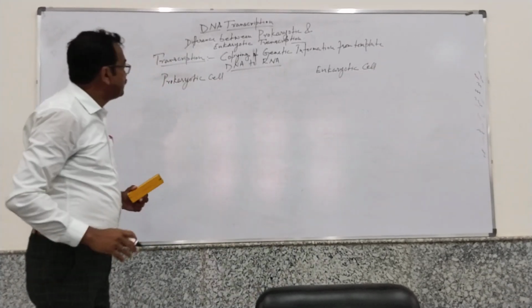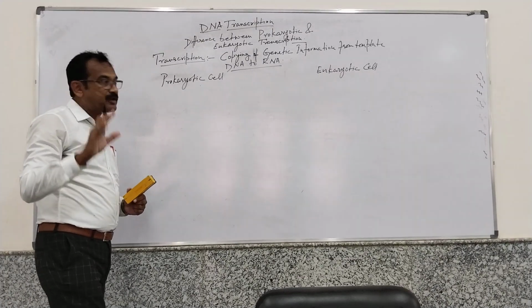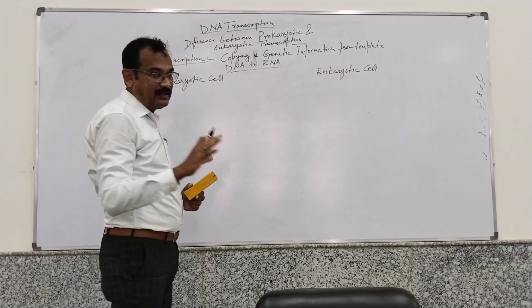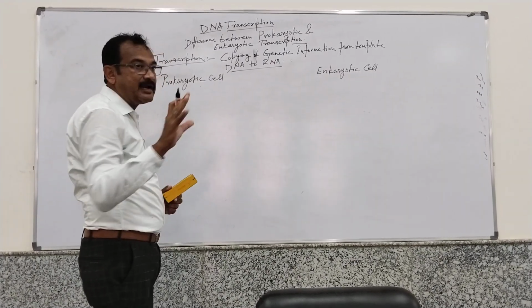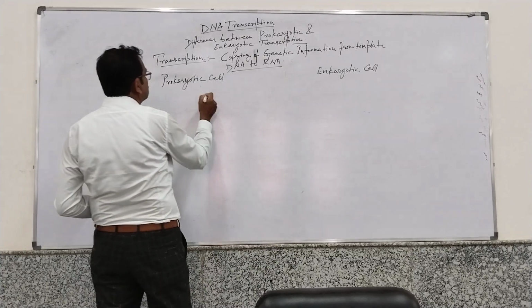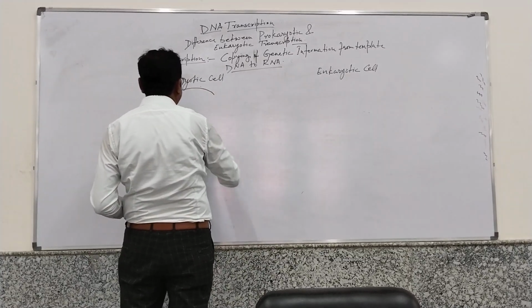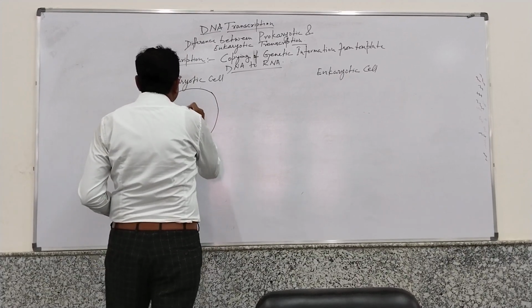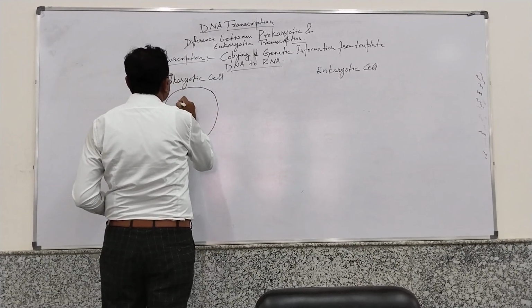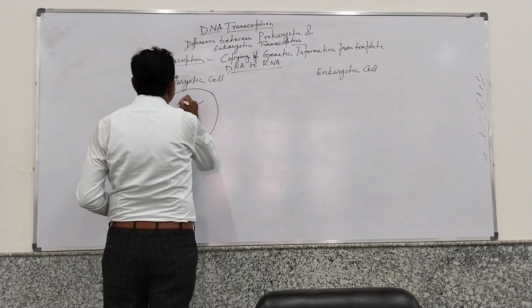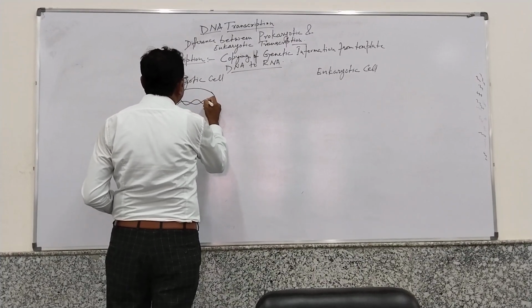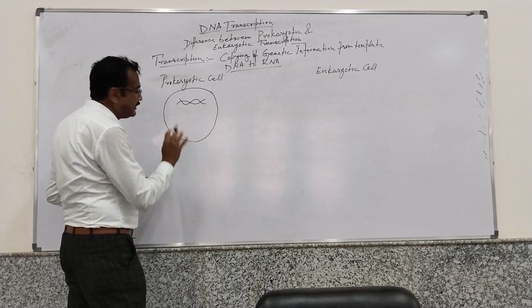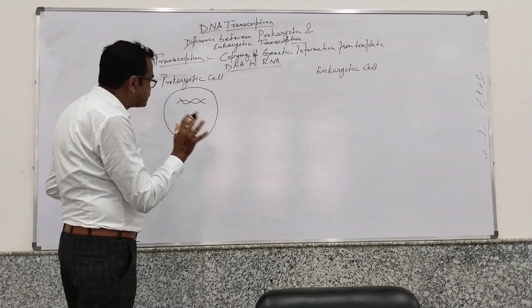In a prokaryotic cell, the process of transcription, that is from DNA to RNA, takes place inside the cytoplasm, that is the cytosol. If I draw a prokaryotic cell over here, suppose this is the DNA strand. It is there in the cytoplasm, in the cytosol.